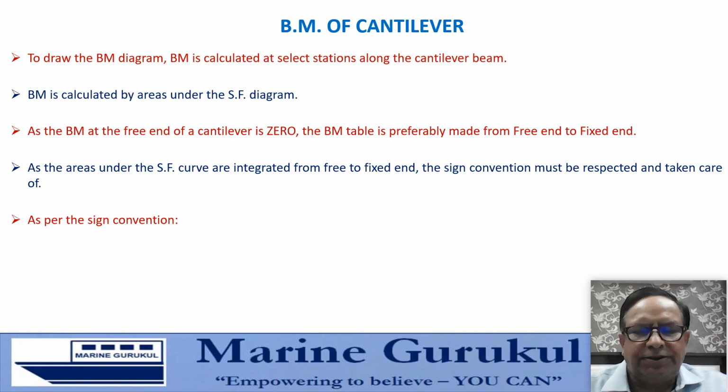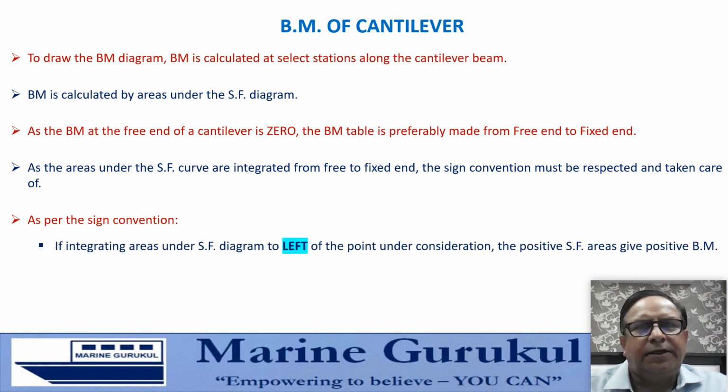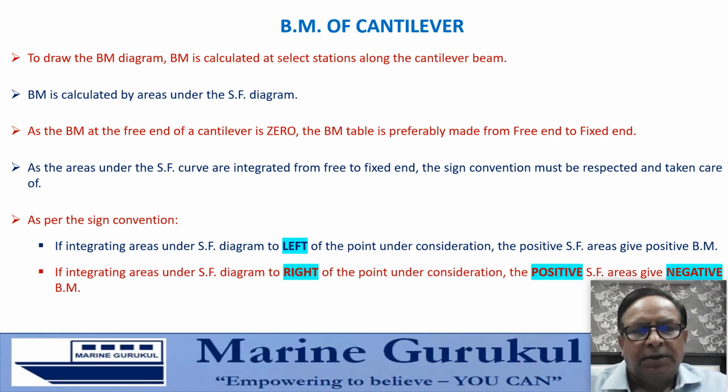As per the sign convention, if you are integrating areas under the SF diagram to the left of the point of interest, then positive SF area will give you positive BM. However, if you are integrating areas to the right of the point under consideration, then positive SF areas will give you negative BM.